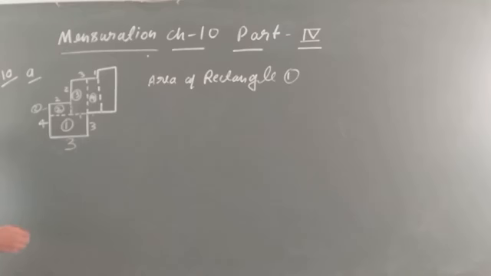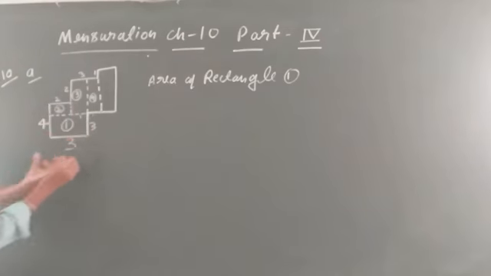This is the first rectangle. Clear, student? So you know that. Achha, this 4 means, student, what? This 4 is not the length from here to here. This is the length from here to here, the total length. And this 3 means this length. Okay?